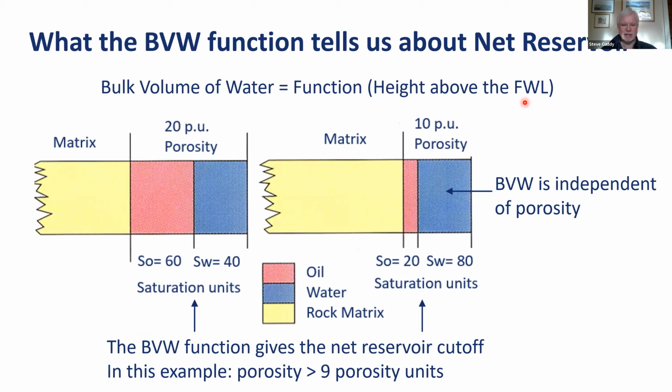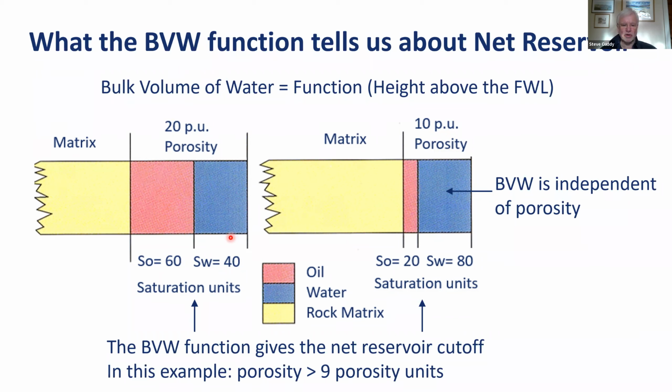What do we mean by that? Take this depth in your reservoir, say it's 100 meters above your free water level. On the left, your reservoir here, we've got good porosity rock, 20 porosity units. On the right, we've got poor reservoir rock, say 10 porosity units. These are the same height for the free water level. Now, the water was there first and claimed the pore space based on capillary forces.